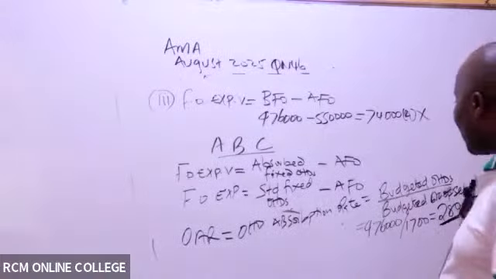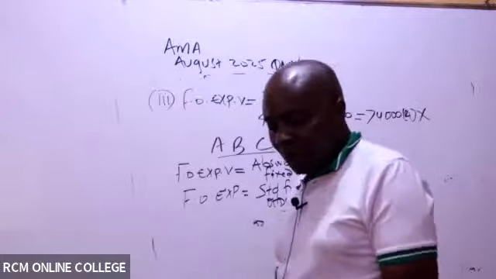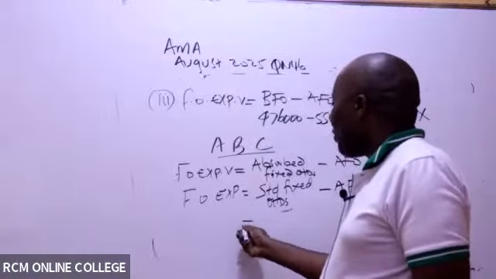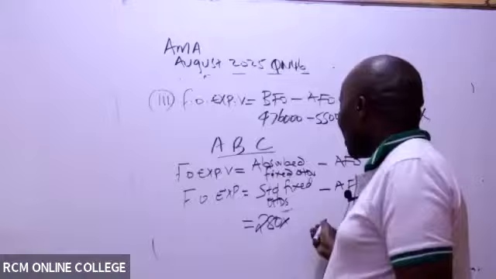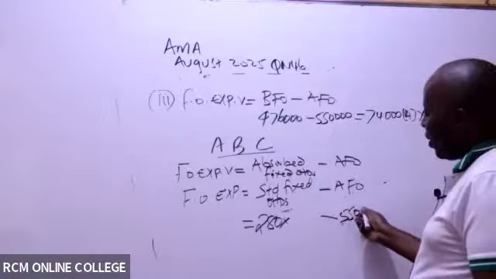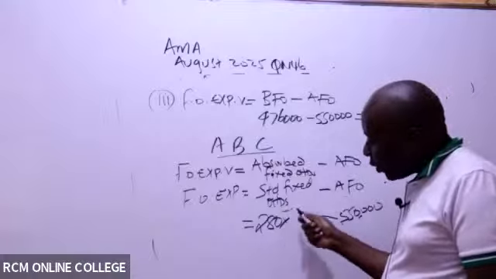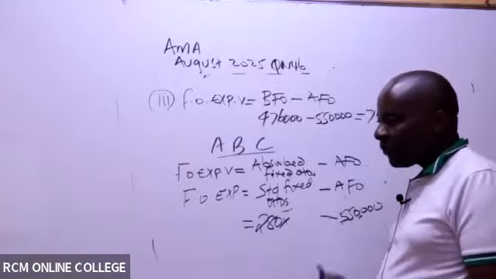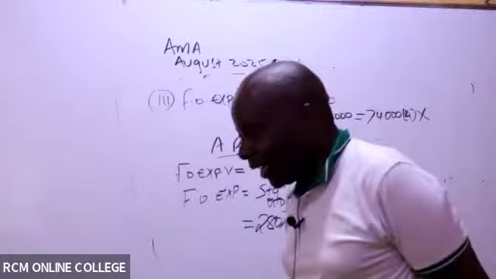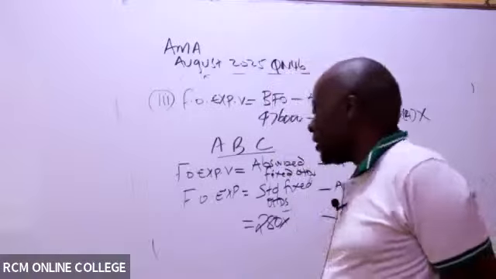When I'm absorbing this, for a small gift, I know standard fixed overheads will be 280 times something. Actual fixed overheads will remain 550. So can somebody tell me what I will be multiplying this 280 with? 1830 is correct.